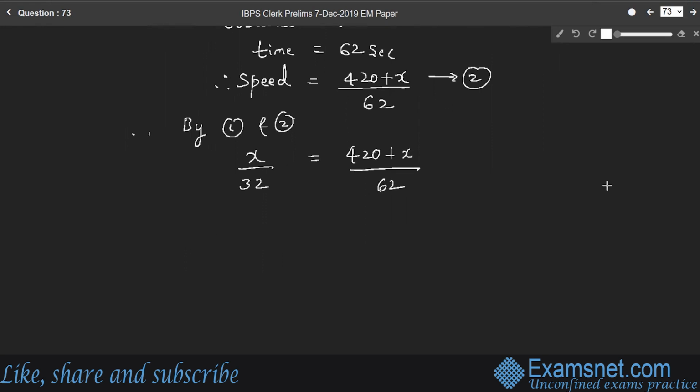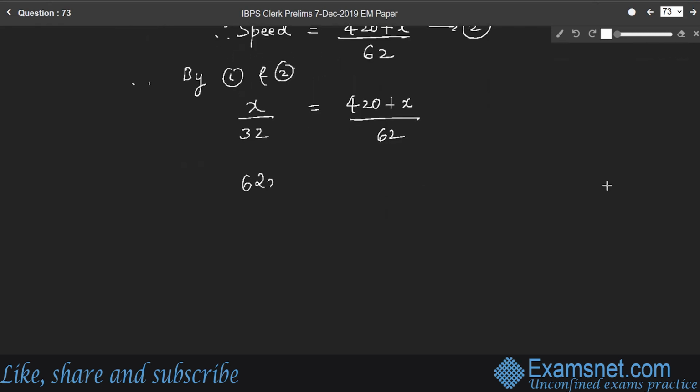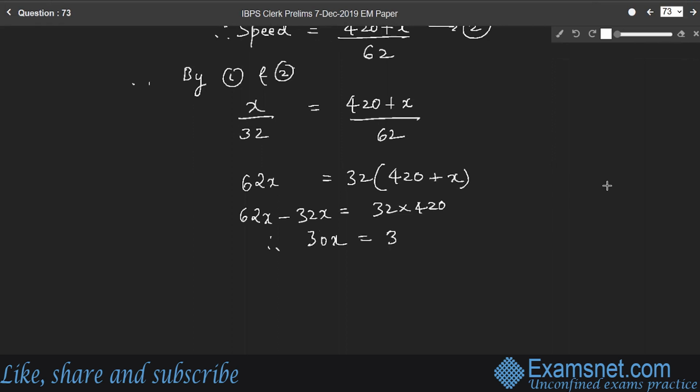Therefore, simplify it. 62x is equal to 32 into (420 plus x). 62x minus 32x is equal to 32 into 420. Therefore, 62 minus 32 is 30, so 30x is equal to 32 into 420.